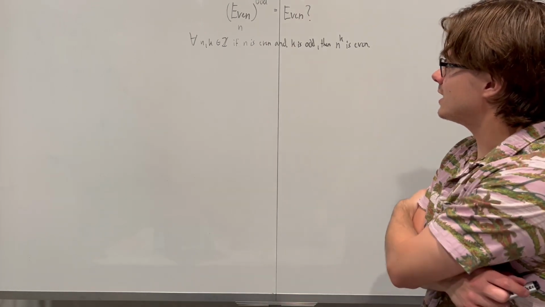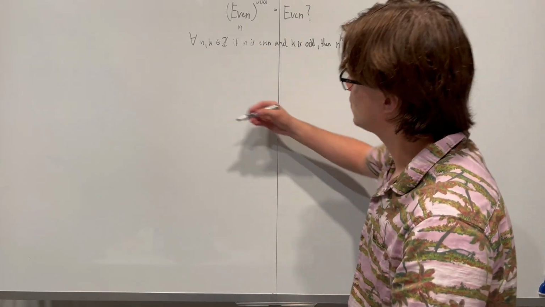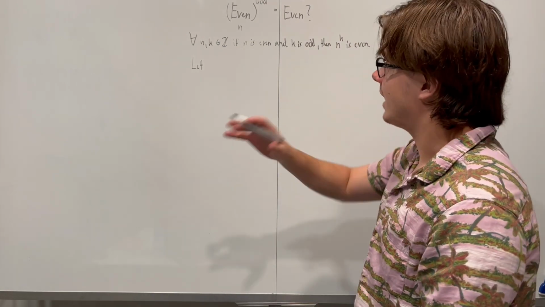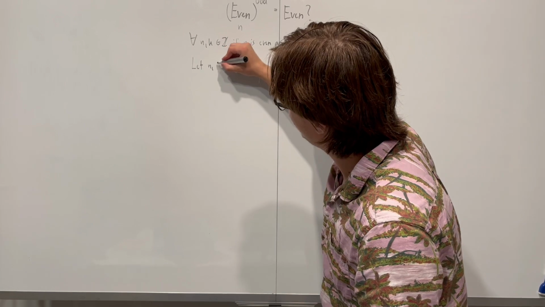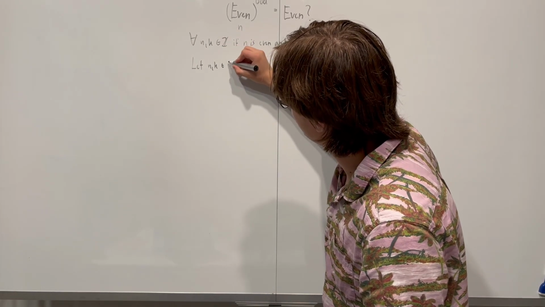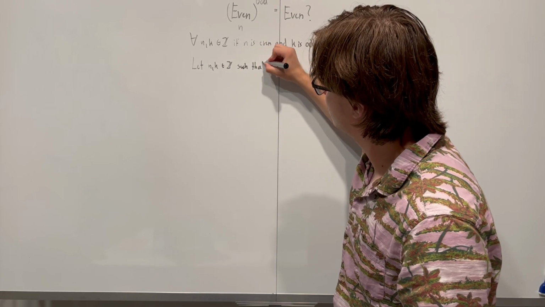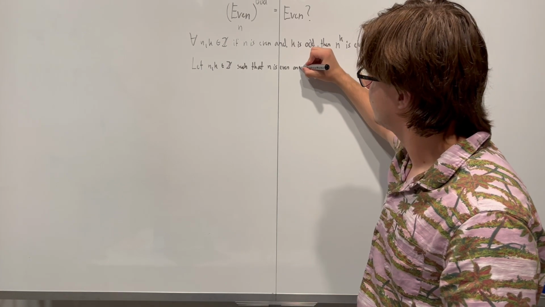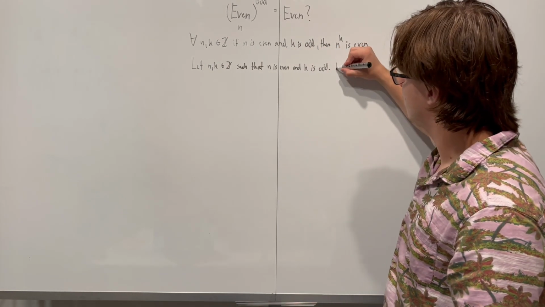All right. So let's begin writing our proof and see where we go from there. This is a for all proof, which means we start with let. Let p be true. So we say let n, k be integers such that n is even and k is odd.